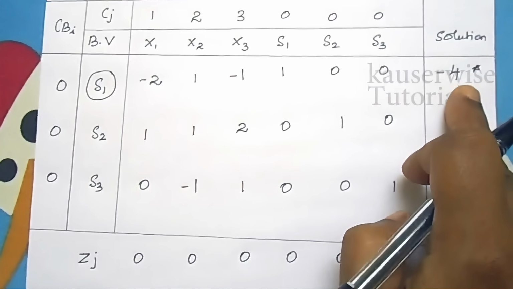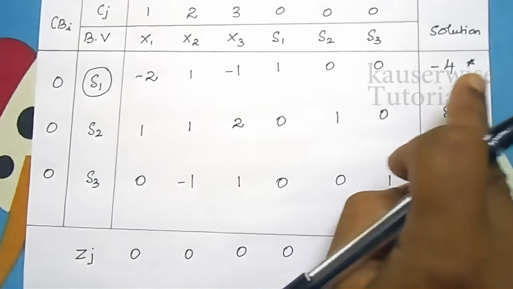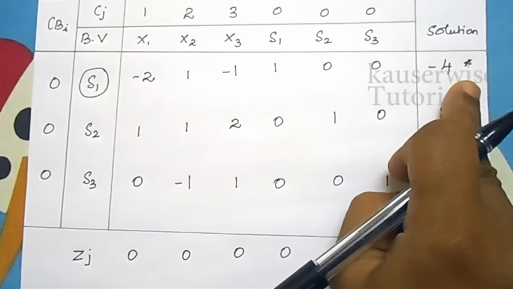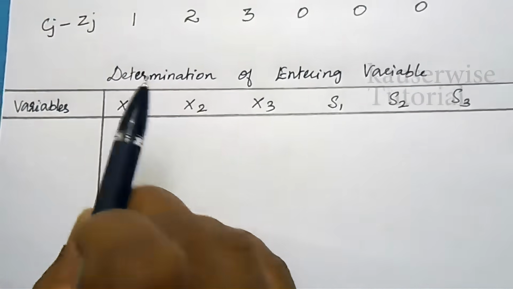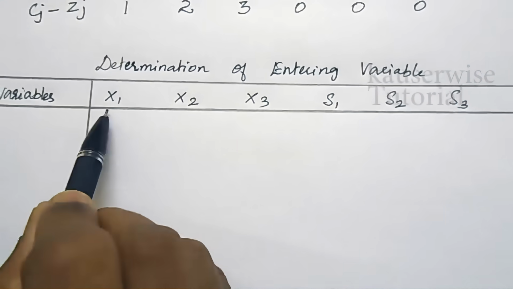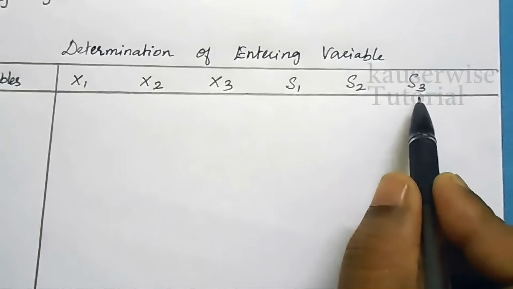Now we need to find the entering variable. For entering variable, we need to follow one simple procedure. Let us see the determination of entering variable. This is the format. What variables are here? X1, X2, X3, S1, S2 and S3.